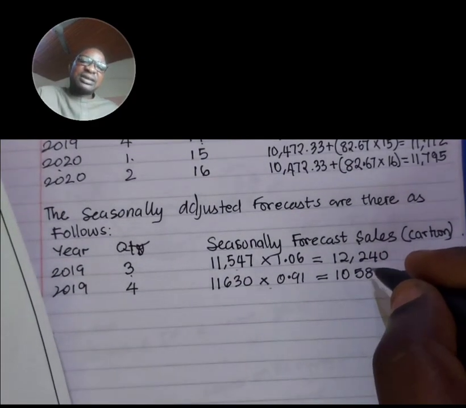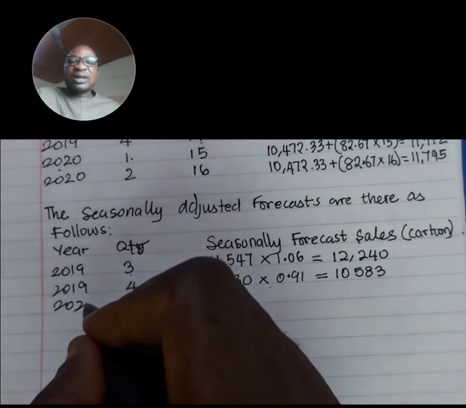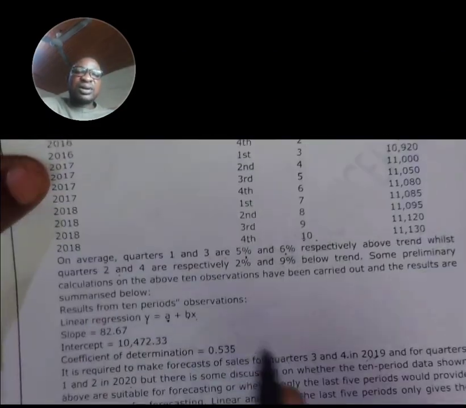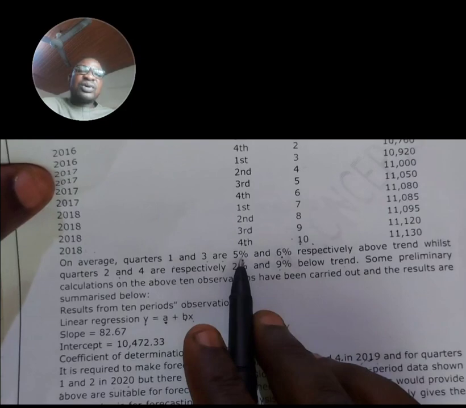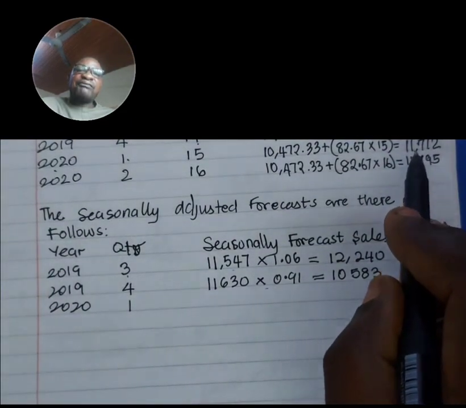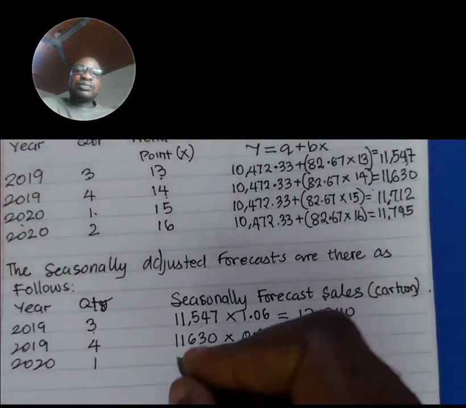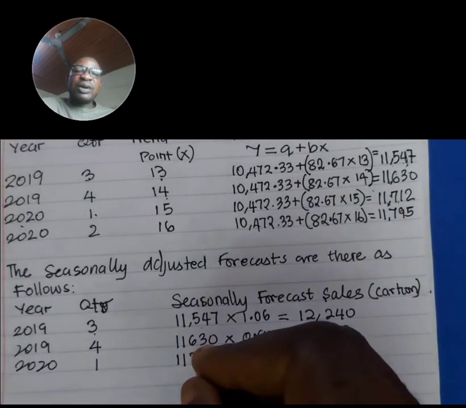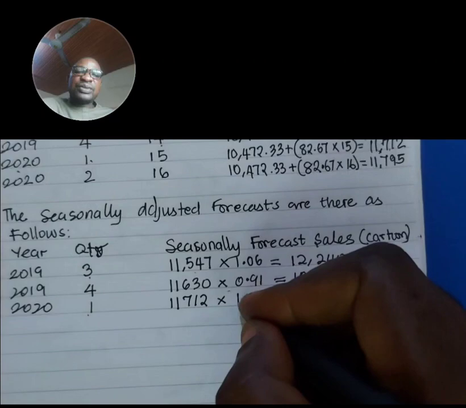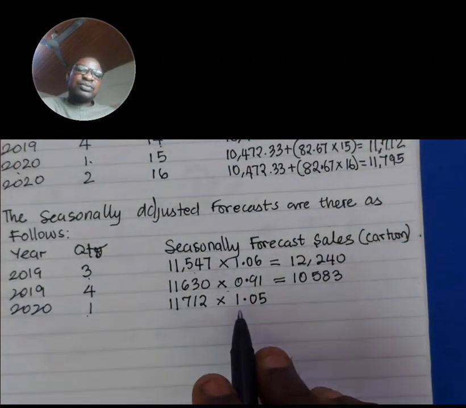Then for 2020, quarter one is to be increased by 5%. So you take this figure, 11,712, and it is to be increased by 5%, that is, you add 5% to 100.